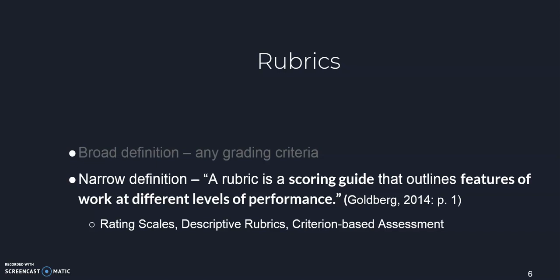This definition has also been described as rating scales or descriptive rubrics or criterion-based assessment. And that's the definition that I will be working with today, that a rubric is a scoring guide that outlines features of work at different levels of performance.